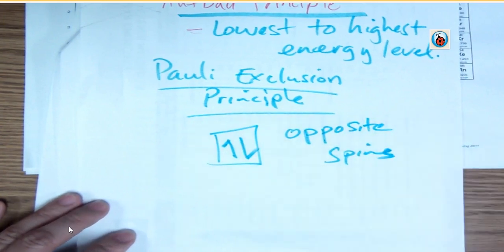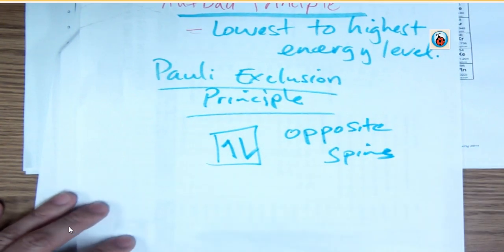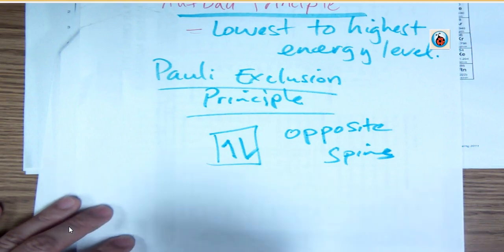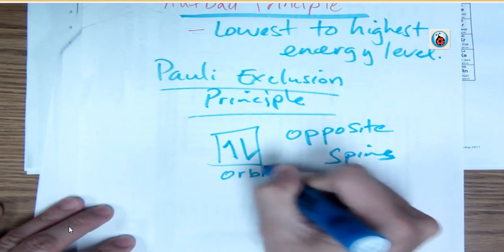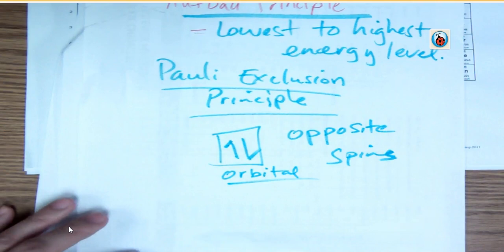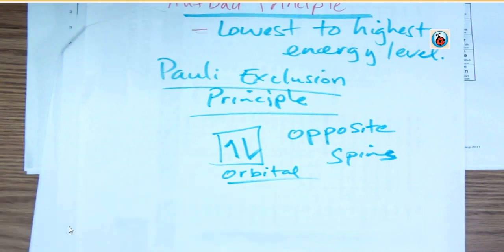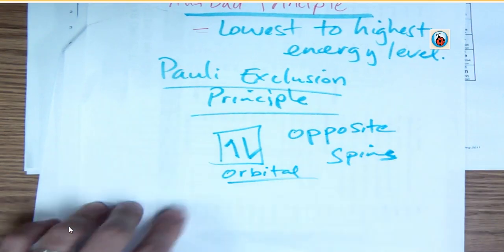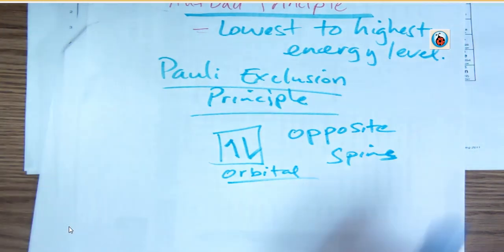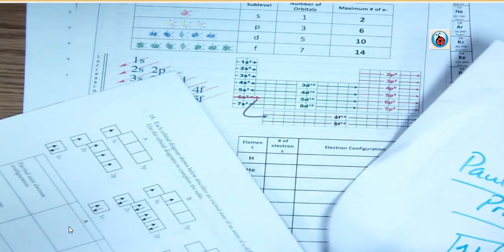Okay, opposite spins is the Pauli exclusion principle if they are in the same orbital. Orbital is where the electrons are, and if they're in the same one, it's just like your bunk bed. Let me go back and check if I'm saying the right thing here. Yes, every room can hold two people, and so basically every orbital can hold two electrons.